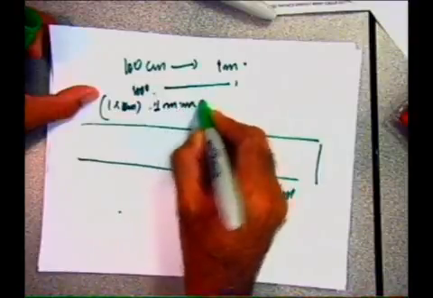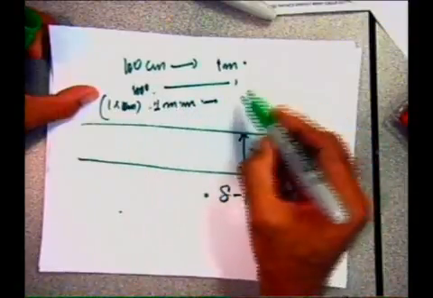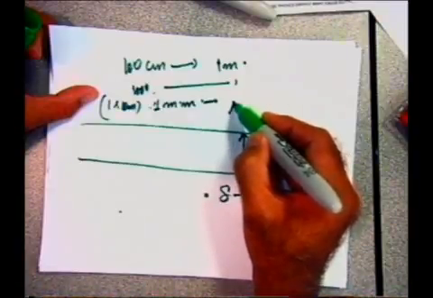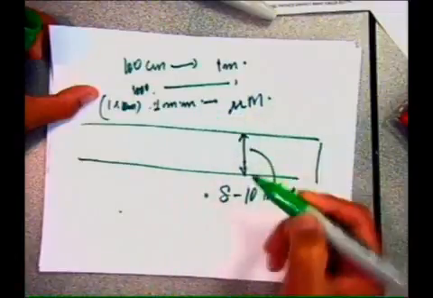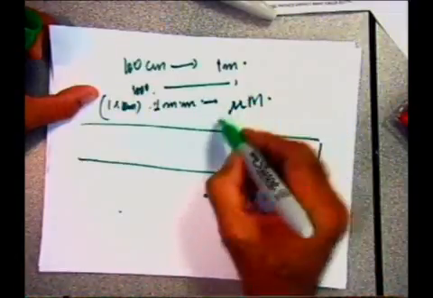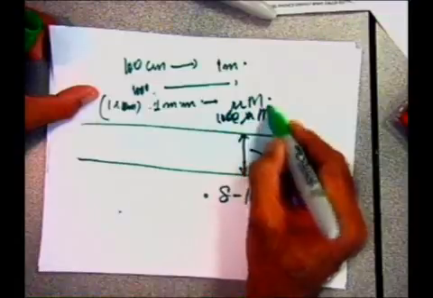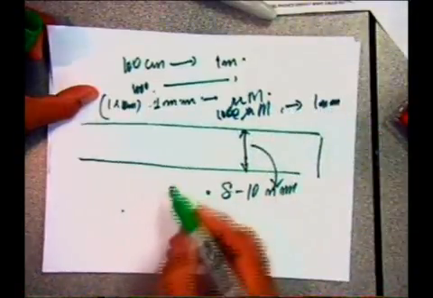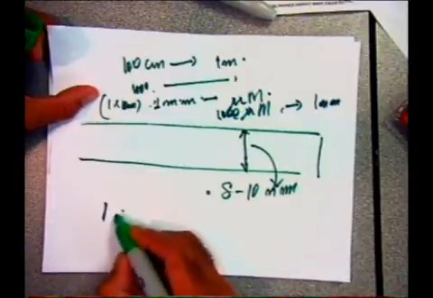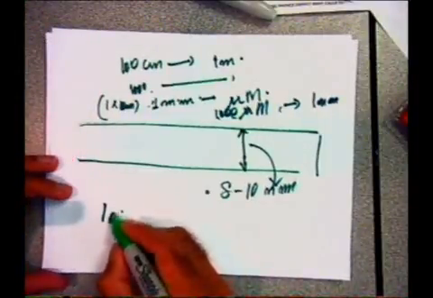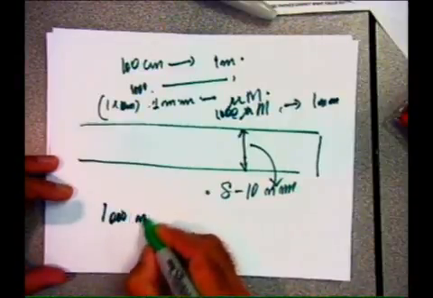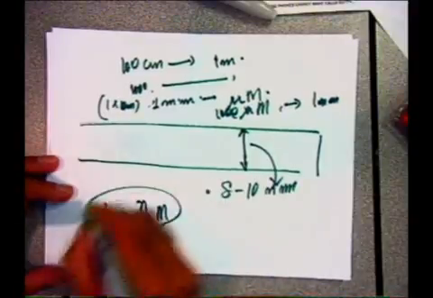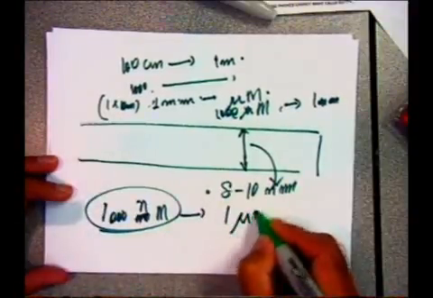If you go further down, you have the micrometer, the micron. 1000 micrometer is 1 millimeter, and 1000 nanometer is 1 micrometer.